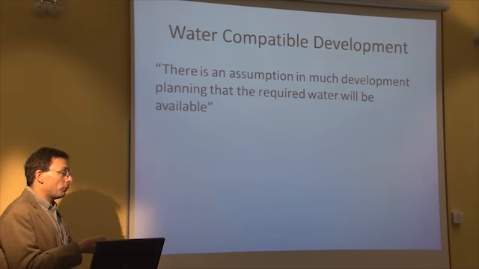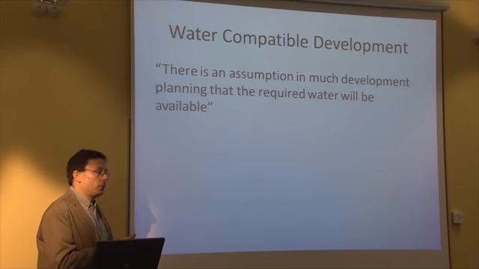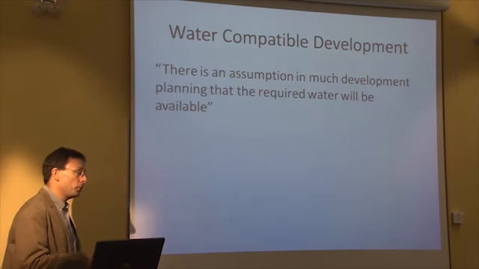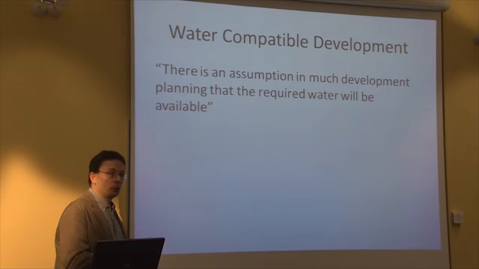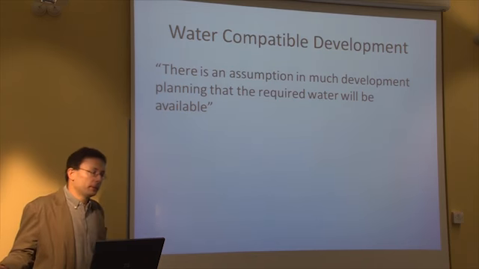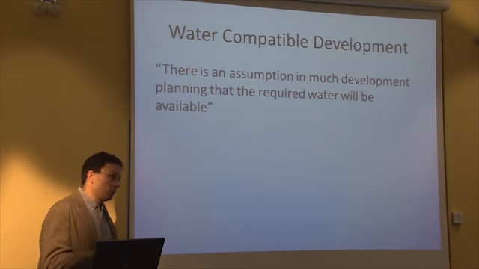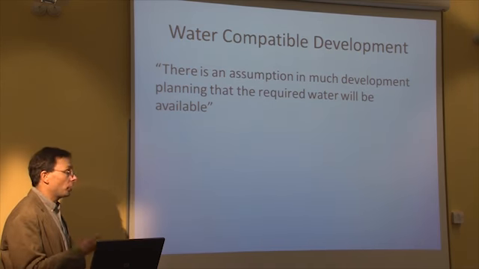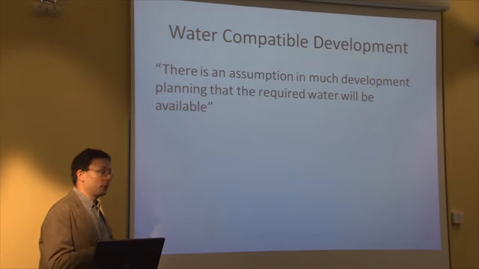But in a lot of planning around economic development, there's always the assumption that when you build a factory somewhere, or put in some industrialized agriculture, or plan an urban area, the water that's available is going to be there.